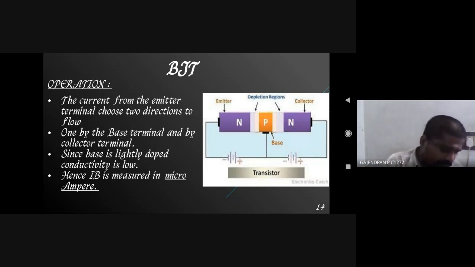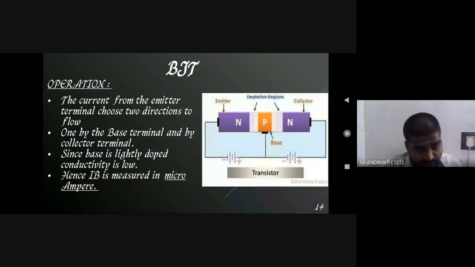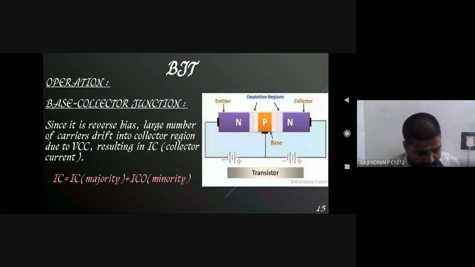In these regions, the current flows in two directions, one through the base terminal and one through the collector terminal. The base is lightly doped, so the conductivity is very low in the base.